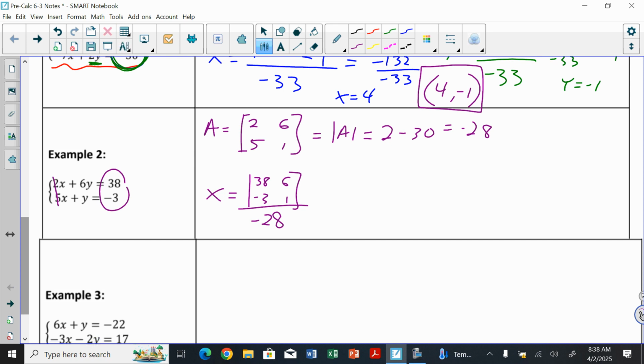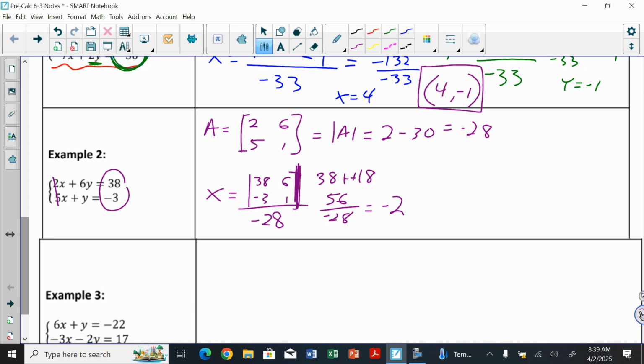Finding the determinant here of this one, I should have just left it a straight line. 38 minus a negative 18, right? So plus 18 gives us 56 over negative 28, which equals negative 2.